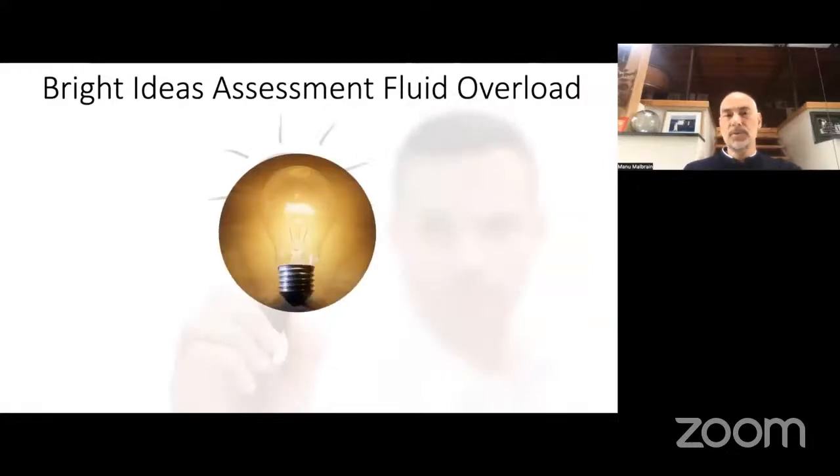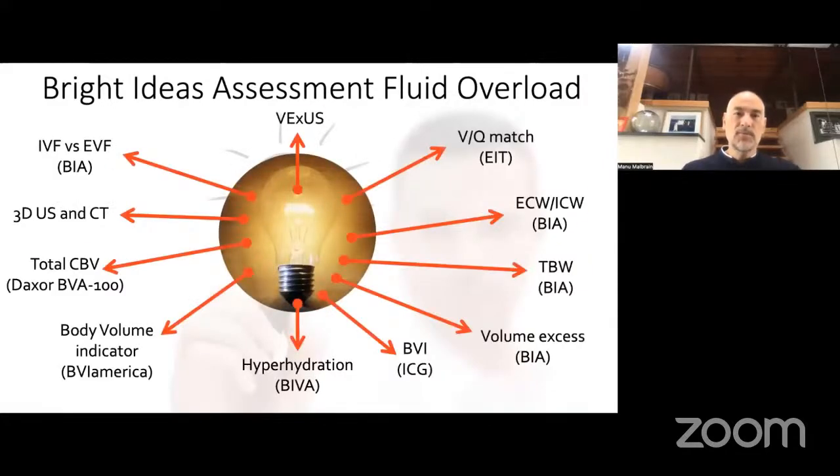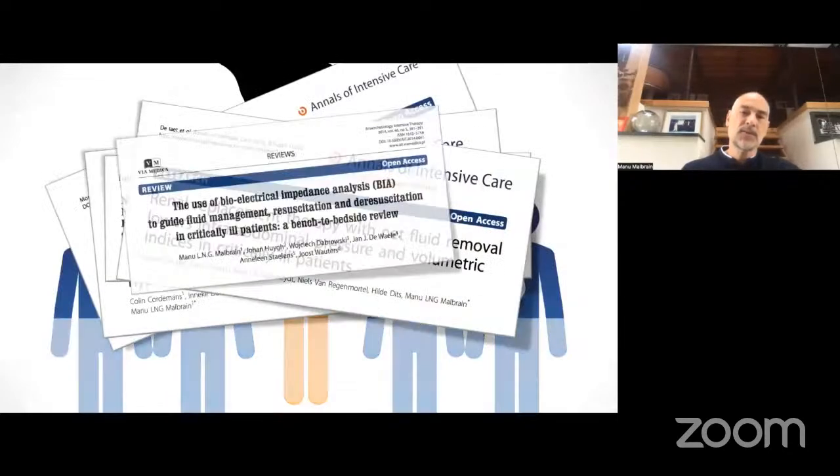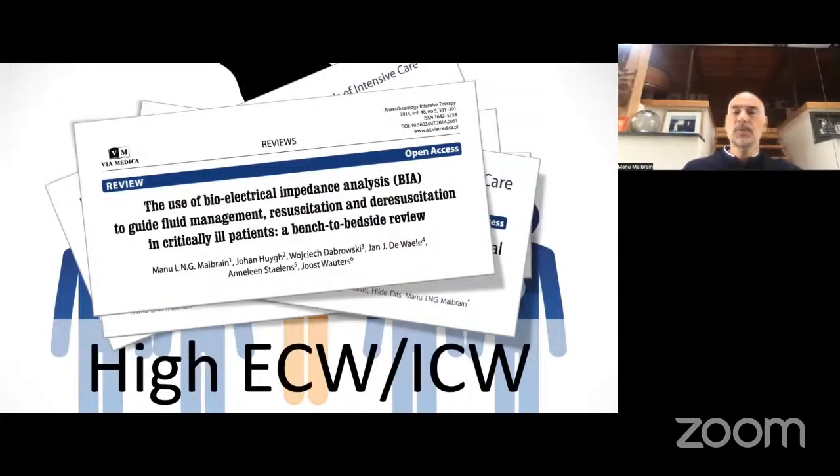Maybe some other monitoring tools in the future, and I will discuss briefly, like bioelectrical impedance analysis, circulating blood volume calculation with radioisotope labeling of albumin and VEXUS. So what about the ratio between extracellular and intracellular water?